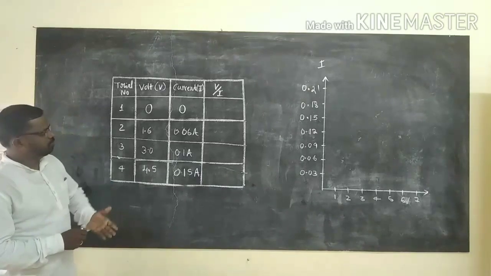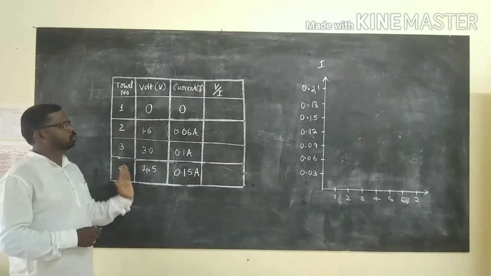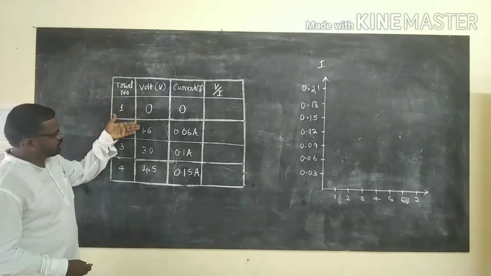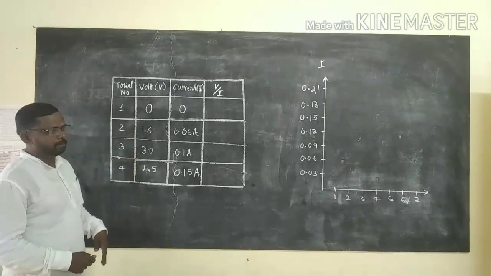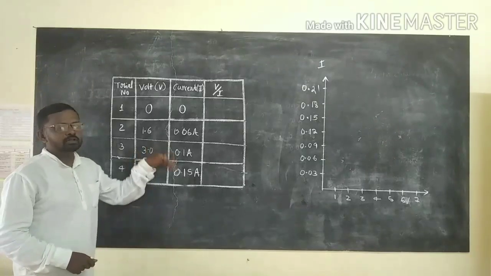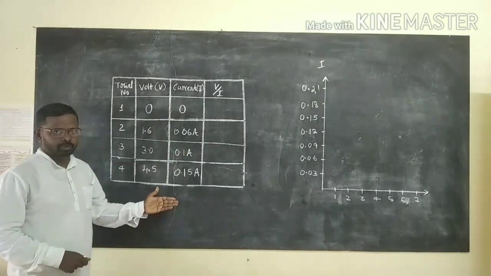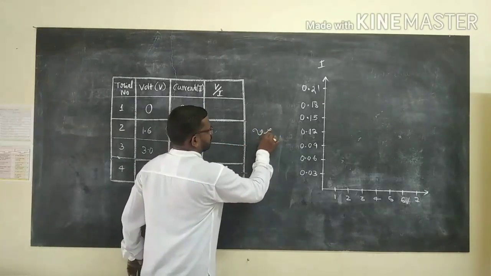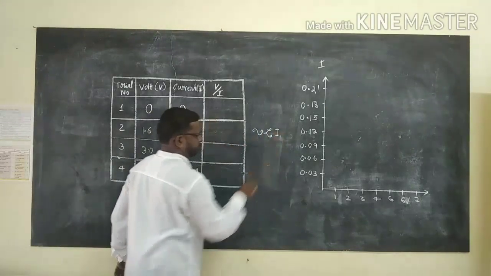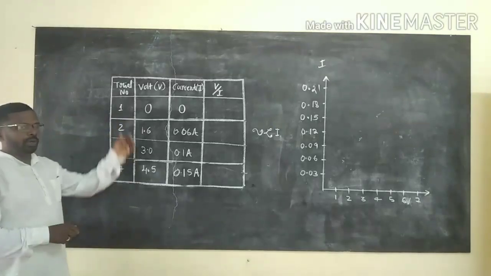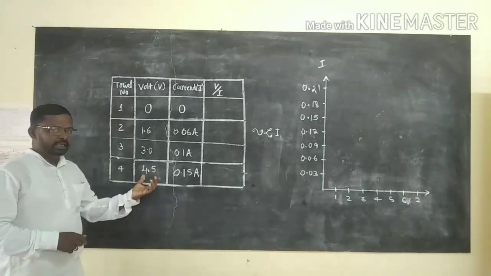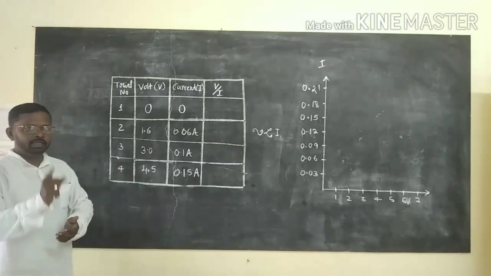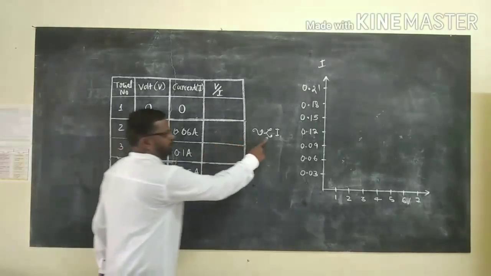Students, if you observe the values on both the voltmeter and ammeter, as you go on increasing the voltage, the current also increases. That means voltage is directly proportional to current. If one value increases with respect to the other at the same rate, that type of relation is called directly proportional.